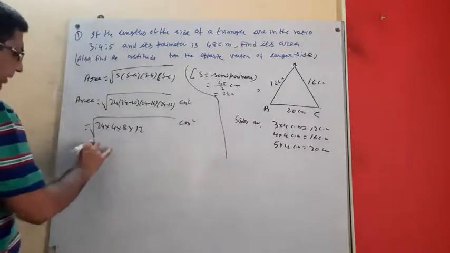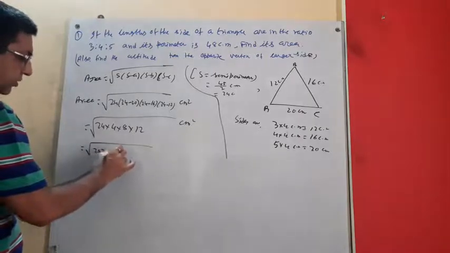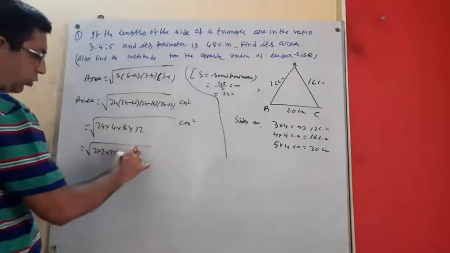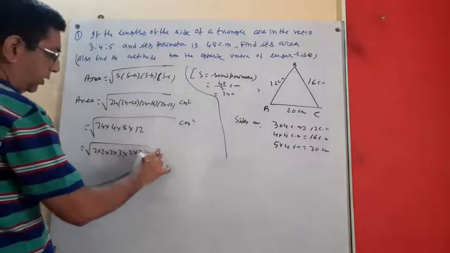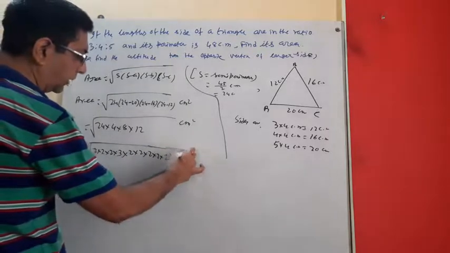Right? Now split up these: 24 is 2 into 2 into 2 into 3, 4 is 2 into 2, 8 is 2 into 2 into 2, and 12 is 2 into 2 into 3.